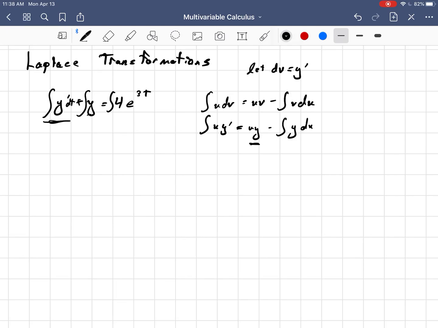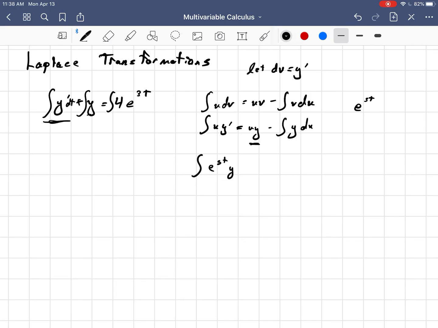So if we can pick a du so that when we integrate it, it doesn't fundamentally change the form of the integral, we could still combine them together, and maybe we'd have a constant out front, but we would still be able to combine them. So we need to pick a u and a du so that when we differentiate and when we integrate, they are just scalar multiples of one another. So is there a function whose derivative is a scalar multiple of itself? Of course, that's all functions of the form e to the st.